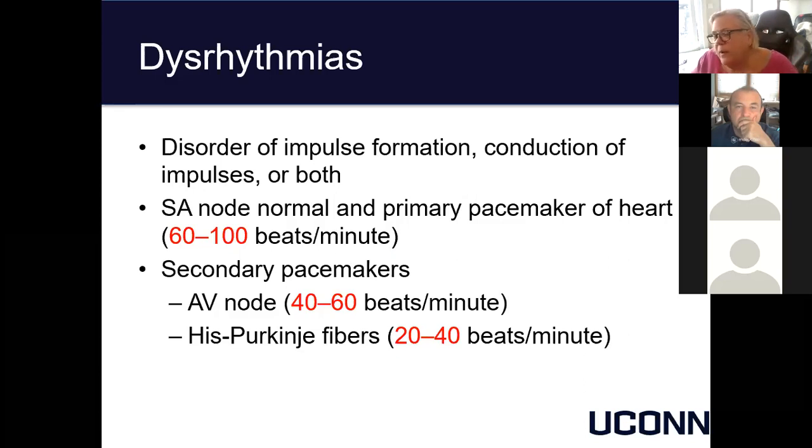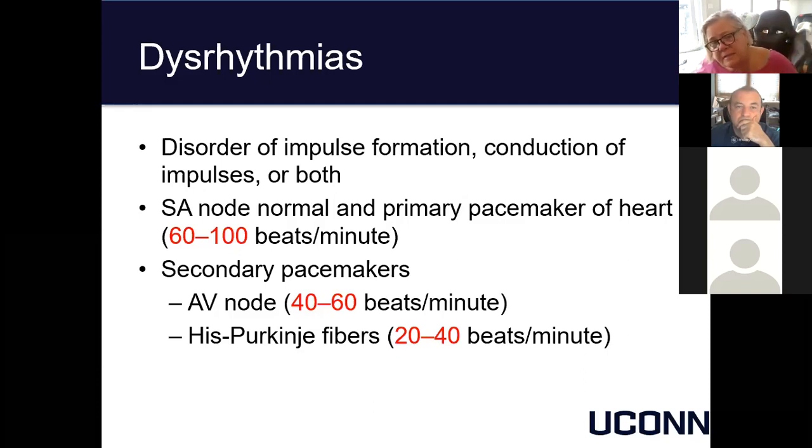That's just what we expect of the SA node. Therefore, when it's less than 60 or above 100, we consider that a dysrhythmia. It could still be very regular, and that's whether we call it sinus bradycardia or sinus tachycardia.